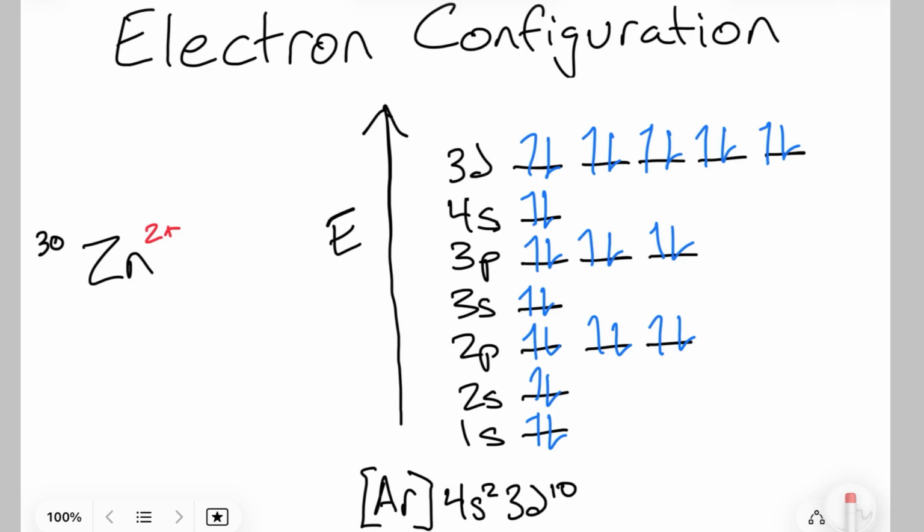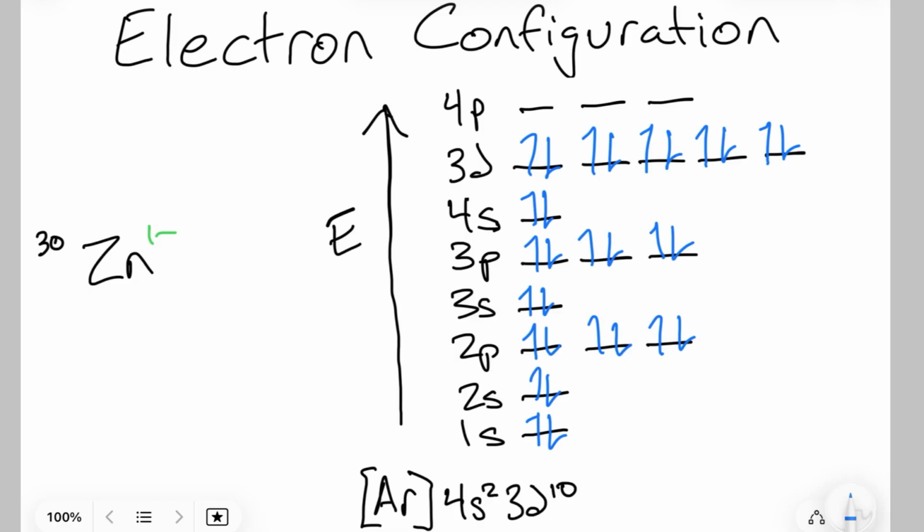In this case, we need to take out 2 electrons to account for the 2+ charge. So we're going to take out these 2 electrons in the 4s orbital before touching the electrons in 3d. And so to write the electron configuration, we would simply take away that 4s, and we have argon 3d10.